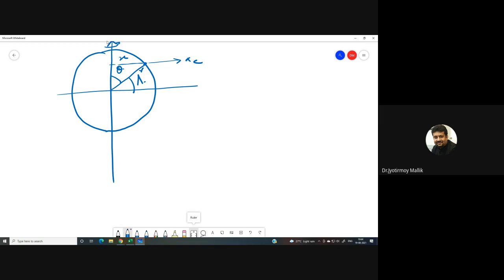Now, let us say that the distance between a planet and the sun at any point in time is rp. So what can be said is that at that particular point the centripetal acceleration and the gravitational acceleration have to be the same.